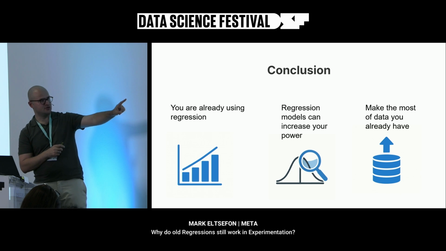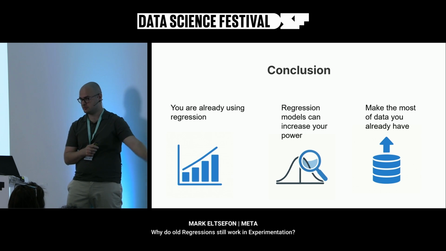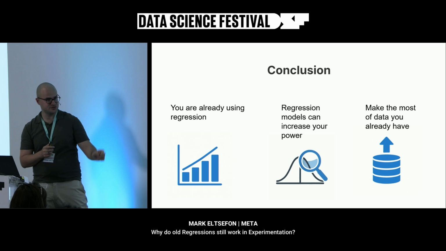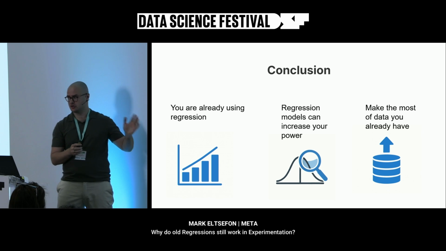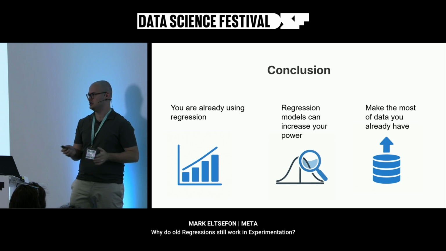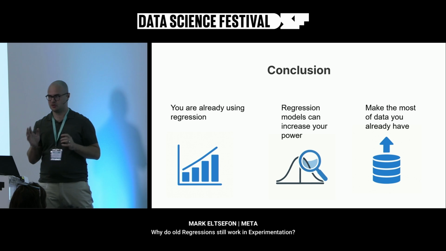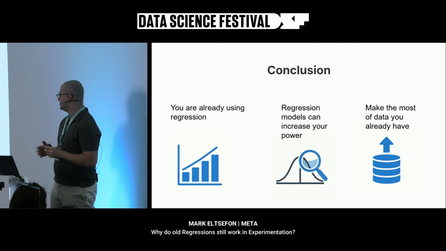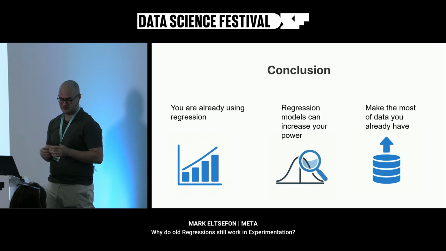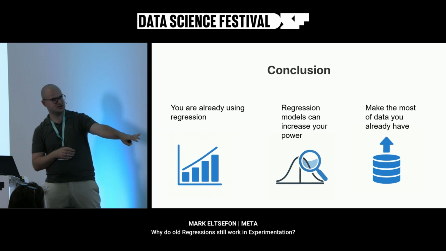The second one: regression models can increase your power. It only may increase your power. And it can also help you explain the variance of your target. It really helps you to understand what's happening in your experiment and why your target metric behaves as it is.